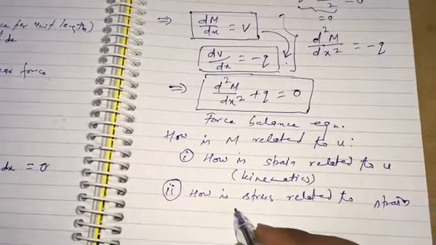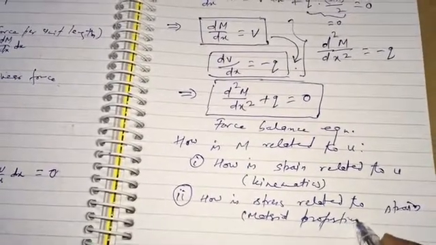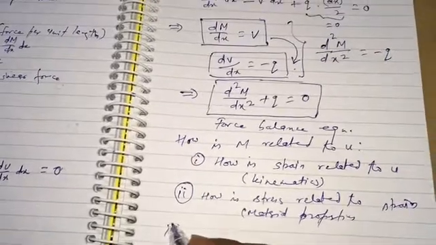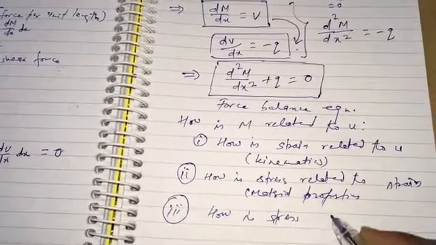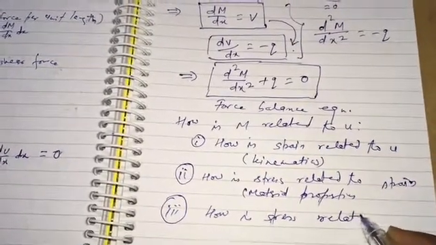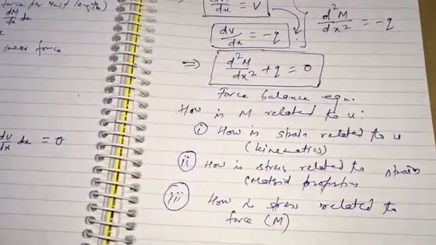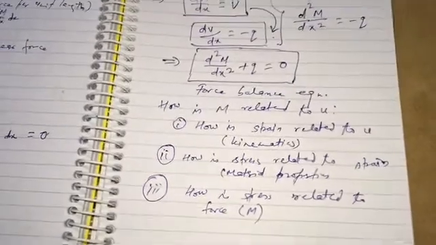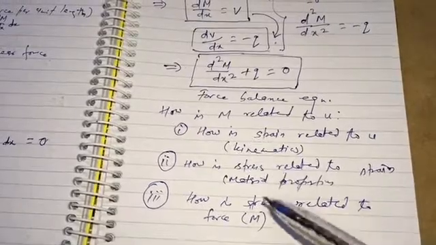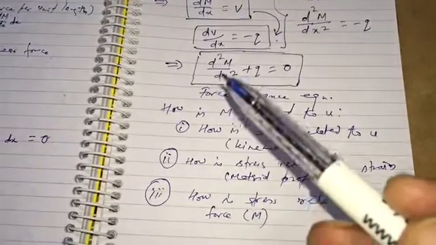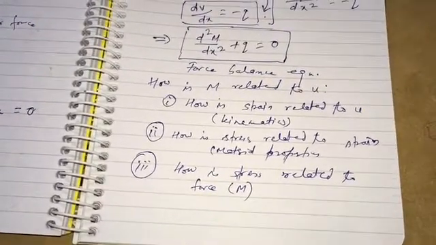That's a material property. And number 3 is how is a stress related to force. Force in this case is the bending moment M. If we combine all those 3, we will get M in terms of u, and that we can put in there.